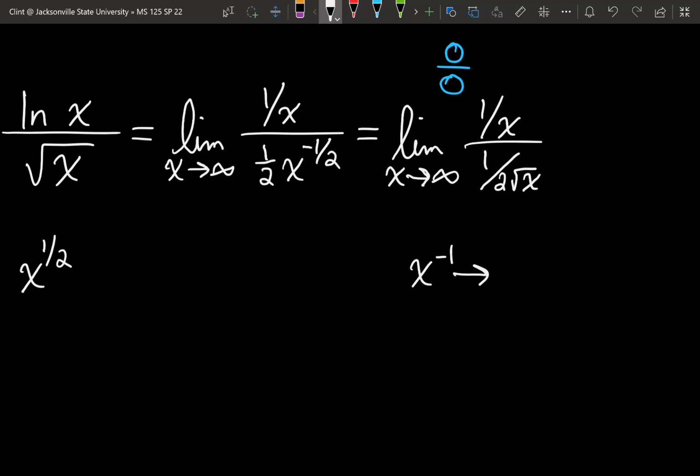So derivative of our top would be negative x to the negative 2. And then derivative of the bottom, we'll get negative 1/4 x to the negative 3 over 2. We're going to find ourselves in the same situation. So what's going to happen there if we just try to do L'Hopital's rule, we're just going to be in a loop, well, not a loop, but we'll just be doing L'Hopital's rule until we give up.